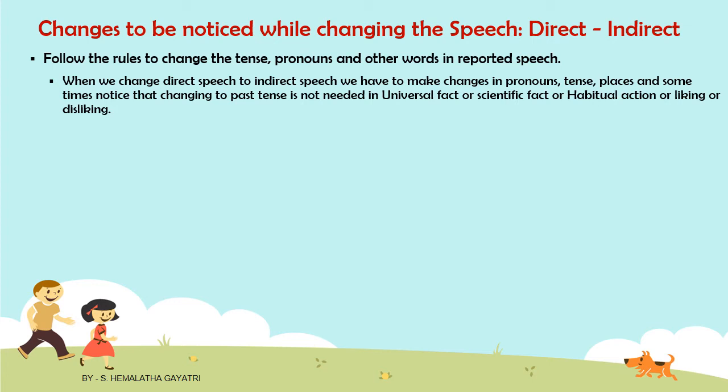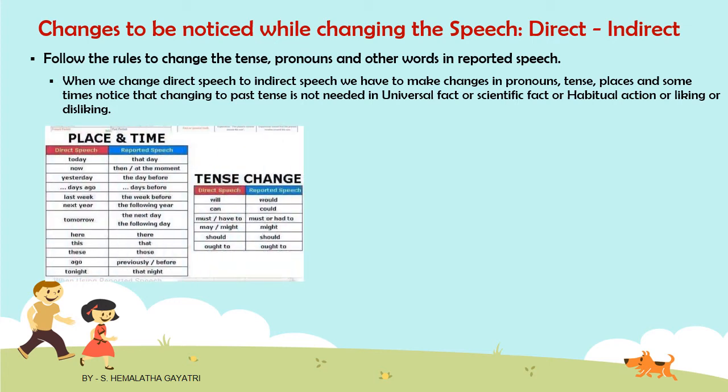And sometimes, children, you have to check whether the statement given by the speaker is a fact or a general statement. If it is a universal fact or a scientific fact or a habitual action, liking or disliking, you need not change the tense, unlike other changes. So remember this and make the changes.